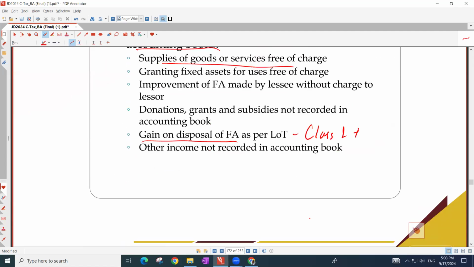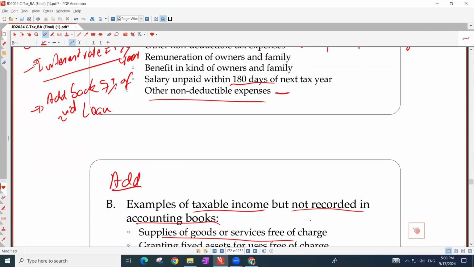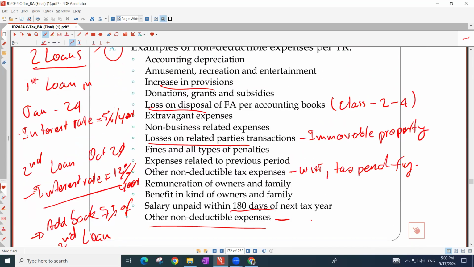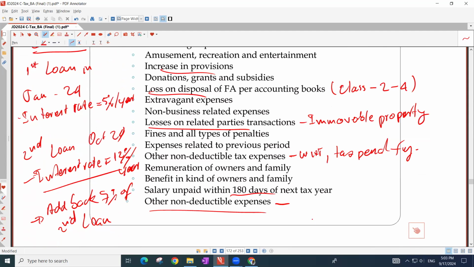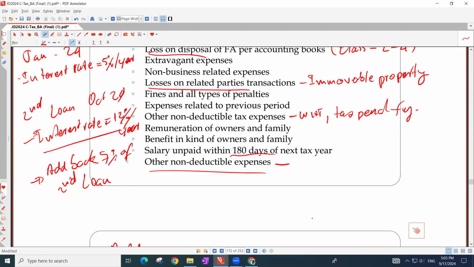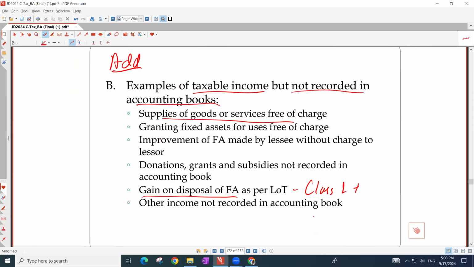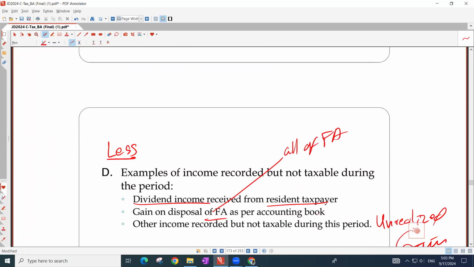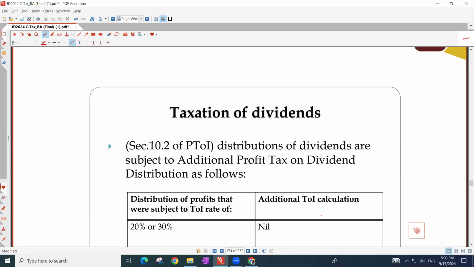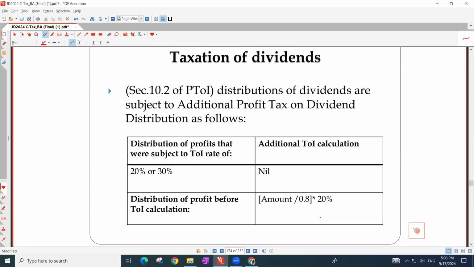But based on the exam question, if you can identify one of these accounts, whether deductible or non-deductible, and you can write it, you get 0.5. Don't worry, we will learn how we can do it.